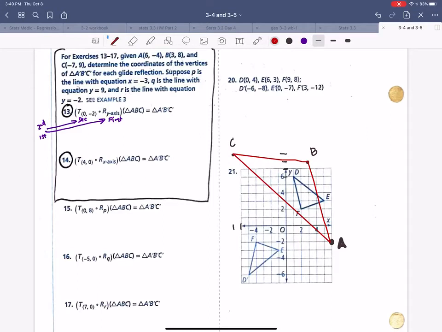So I first want to reflect it over the y-axis. So when I reflect over the y-axis, again, here's A. That would be, instead of 6, negative 2, it would be negative 6, negative 2. So that matches our rule. A reflection over the y-axis has the following rule.